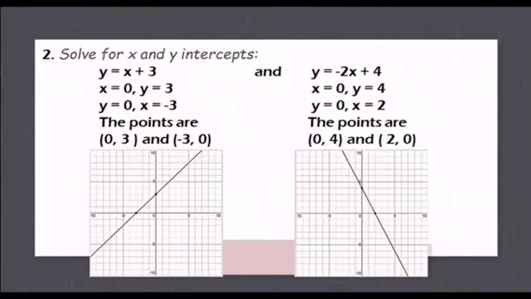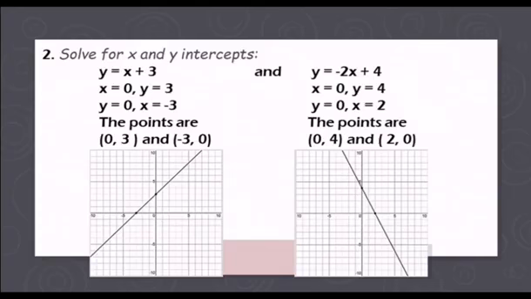Step number 2, solve for x and y intercepts. In here, we may recall that the x-intercept is the value of x when y is equal to 0, or it passes the x-axis. And y-intercept is the value of y when x is 0 or it passes the y-axis.